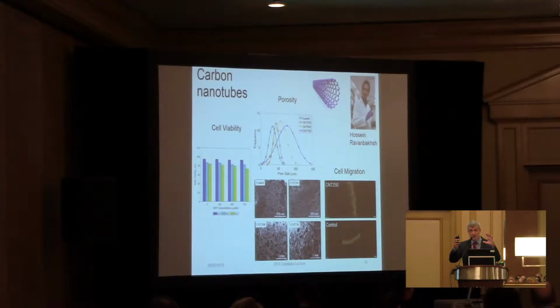You want pores to be big enough for the cells to walk through, so they have to be bigger than the cell size, which is around 50 microns, roughly. But you don't want the pores to be too big either, because otherwise it could be a challenge for cell adhesion. And therefore, the pore size affects cell migration.